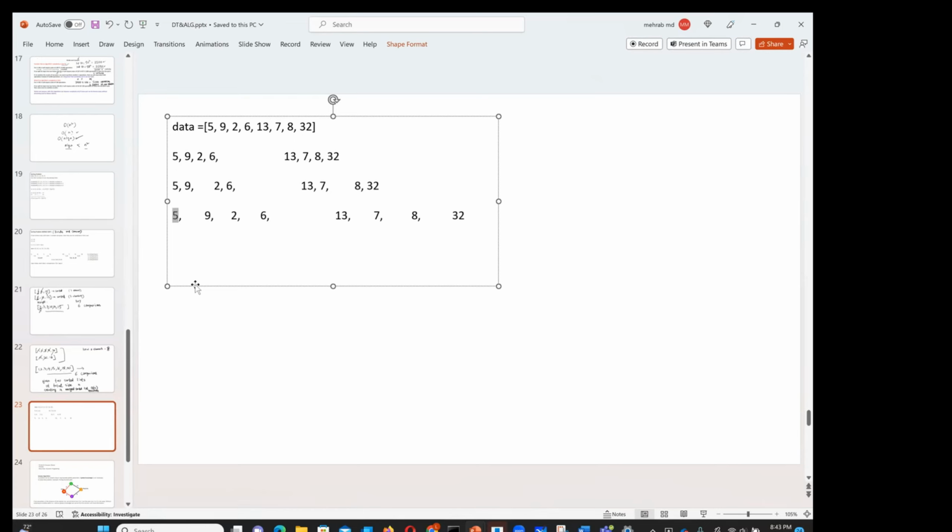These are separate lists, not together. This is the first list, second list. I divided them, right? Third list, fourth list, fifth list. If there is just one number, can I say this is sorted or not? Yes, sorted. So now each of these is sorted.